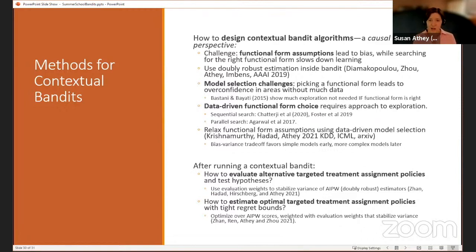These last couple of questions, like how do I use a bandit and then estimate a policy afterwards, are where I started 5 years ago. It turned out it was harder than I thought. We finally, I think, got close to good answers. But these issues are definitely not settled, and there's lots of active research going on here all the time. There's lots of papers in 2021 getting written about this.